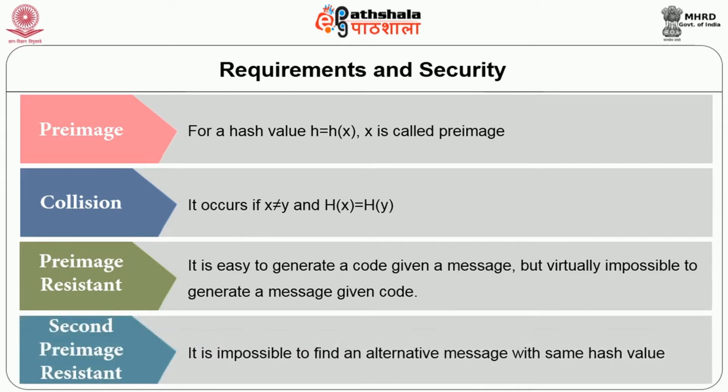Then the fourth is second pre-image resistance. It is impossible to find an alternative message with the same hash value. These are the four keywords that we use with the hash function: pre-image, collision, pre-image resistant, and second pre-image resistant.